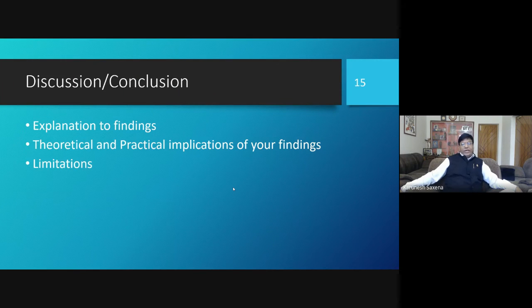But in your case of social science, commerce and management, what you can do is some discussion in the conclusion paragraph only, or conclusion subsection only. So here you are trying to give explanation to findings. You are trying to mention the theoretical and practical implications of the findings that you have obtained. Limitations of your work can also be covered here.